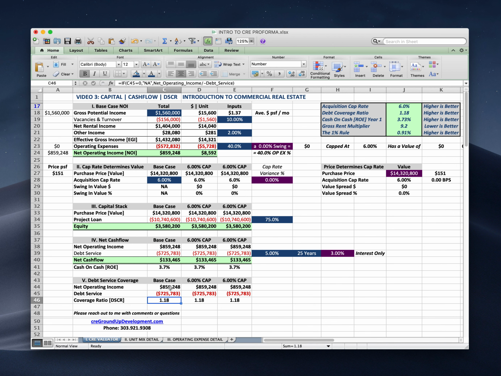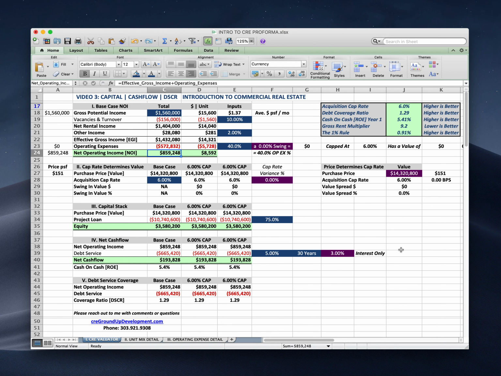Because if you remember, way back when we originally talked about net operating income, this is the gold standard. It is the major metric that enters into underwriting, return, safety, danger, risks, perceived risk, and so forth.